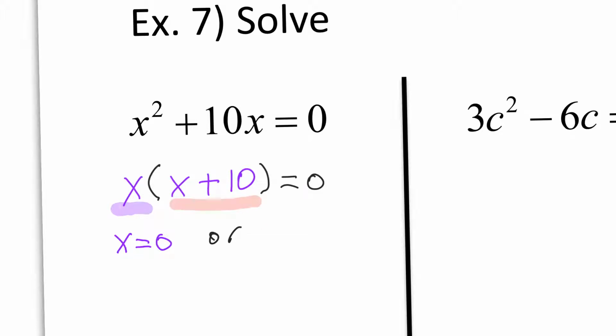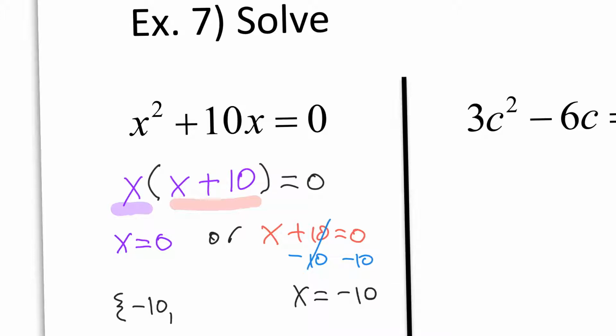So I'm going to write that down, x plus 10 equal to 0. And that one we have to solve. Subtract 10 from both sides, cancels, x equals negative 10. So we got those two answers. We put the negative 10 first because that is smaller than 0, and 0 is the biggest number. So my solution set is negative 10 and 0.